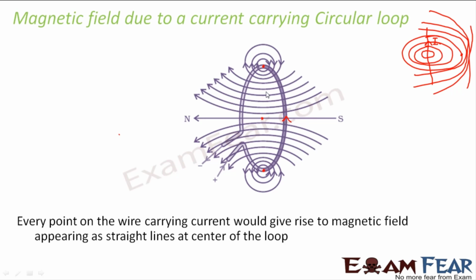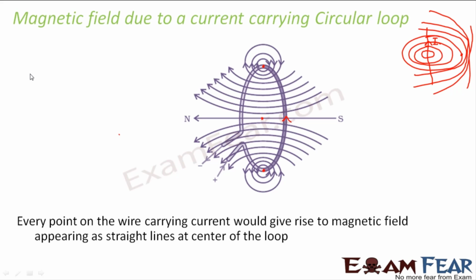The total magnetic field because of each of these points will give rise to straight lines at the center, right? So this appears as the magnetic field. This explains the pattern of the magnetic field.